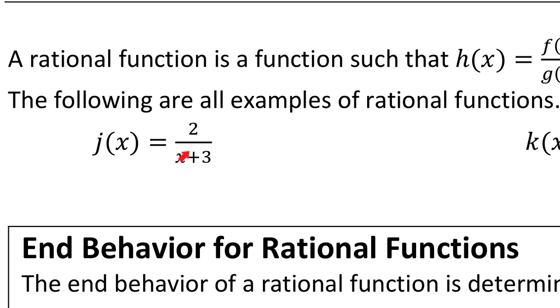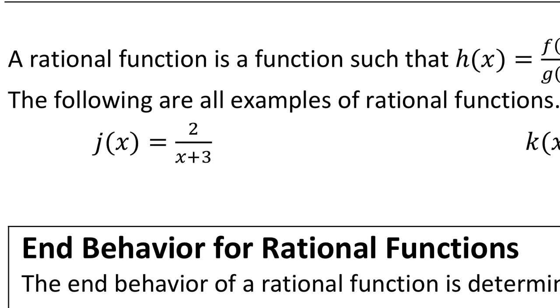What kind of function is in the bottom? Well, if it was only this, what type of polynomial is it? What's its degree? 1, which means it's a what kind of function? Looking for a word that starts with L? Linear.